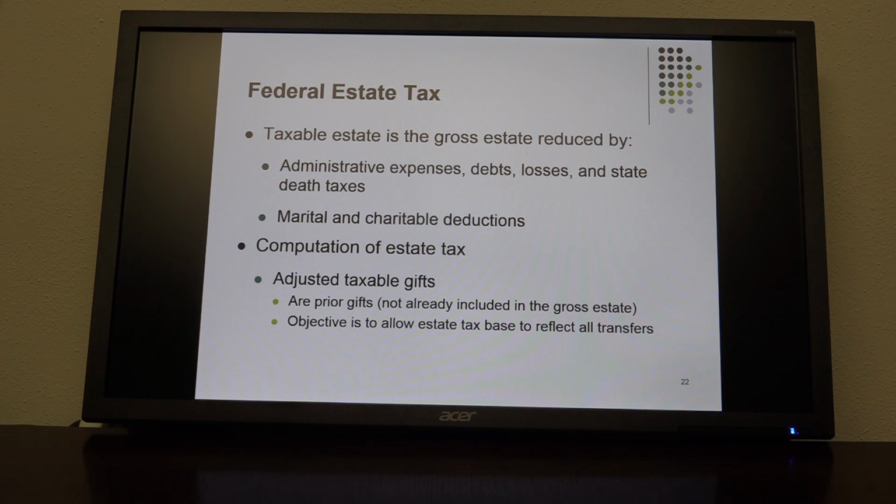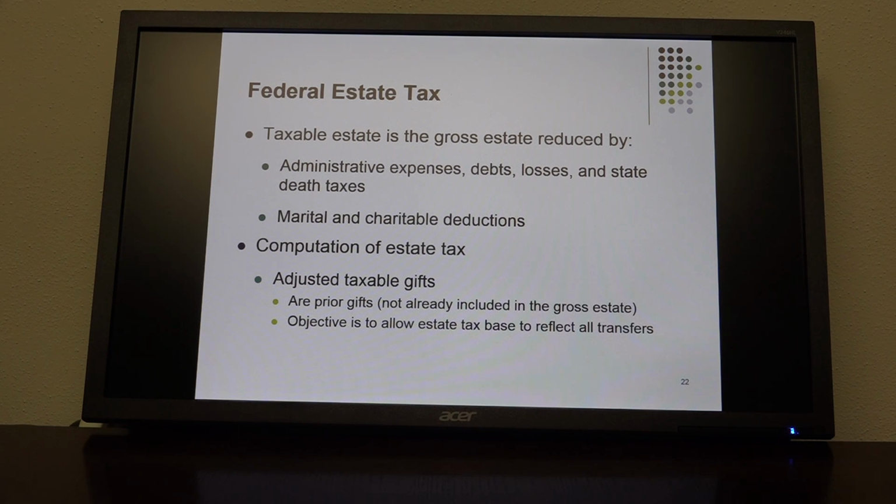Since there is an unlimited marital deduction, the property involved in the first to die's estate moves to the surviving spouse and is included in the surviving spouse's estate, not the decedent's estate. Okay?